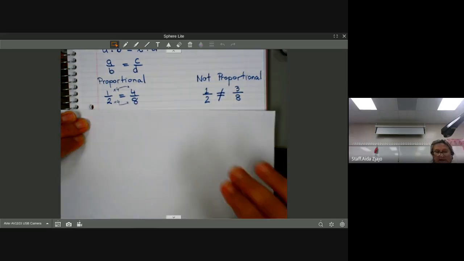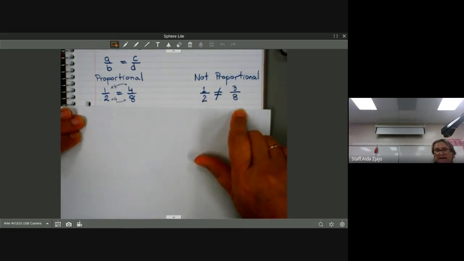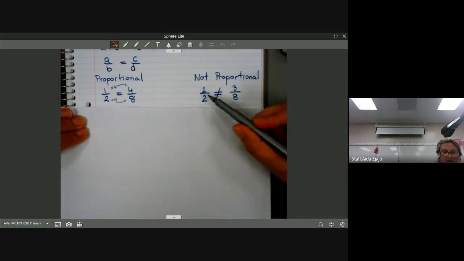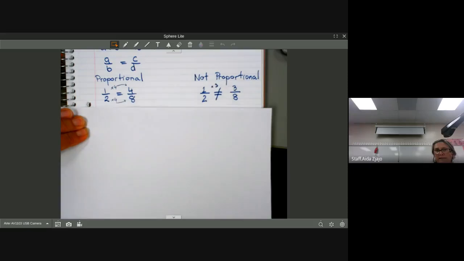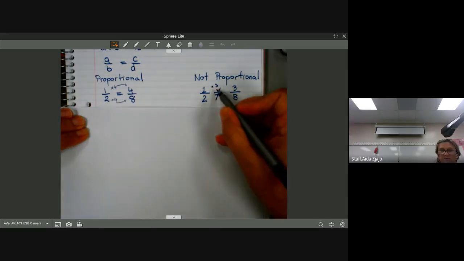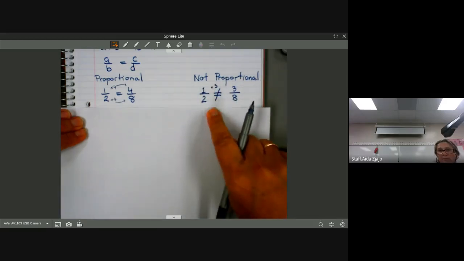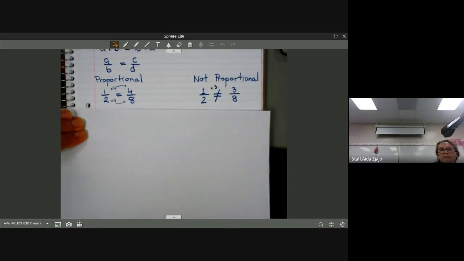When we think about 1/2 and 3/8, I can say 1 times 3 must be 3, correct? But then I need to multiply by the same number for my proportions to be equivalent.